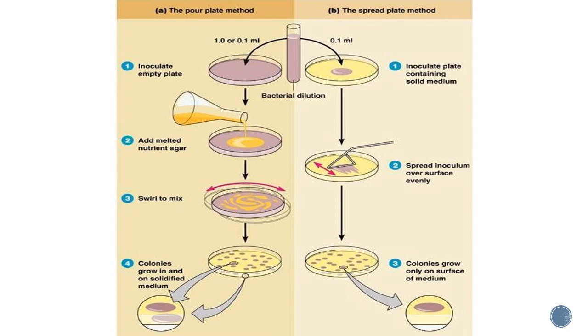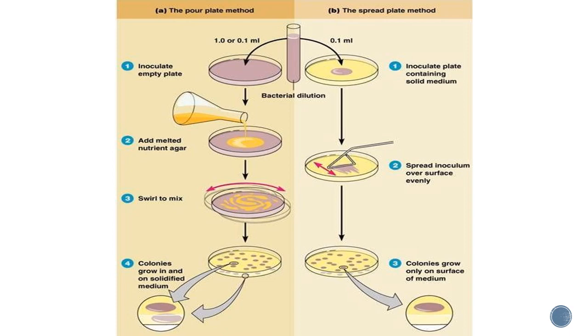So the results are often expressed in terms of colony forming units, because on the plate they form a colony, not individual cells. So we express the result in terms of colony forming units, that is CFU, rather than the number of microorganisms.